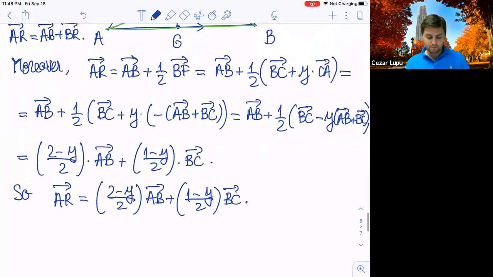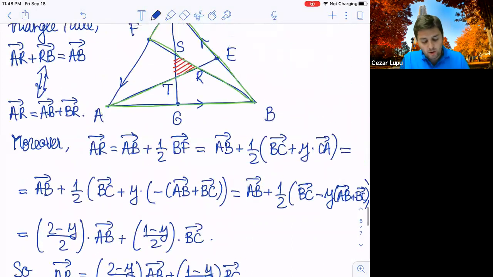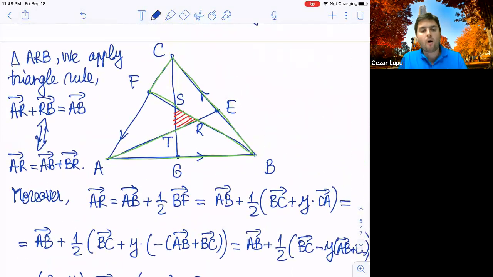All right, that's good. Also, let's keep in mind the following, that also, now I want to use the following, that AE and AR are parallel as vectors.